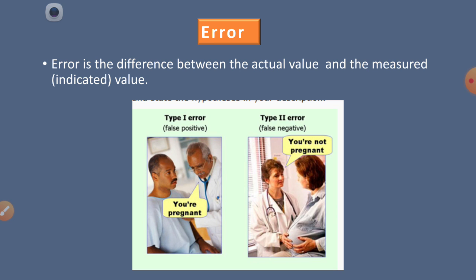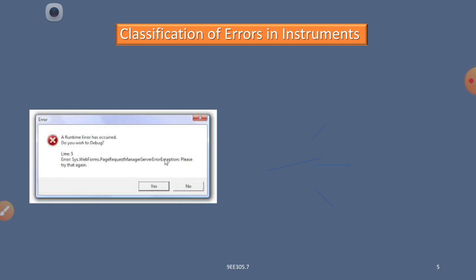The error is the difference between the actual value and the measured value. Now, what do we mean by error? You are very familiar with this in computer programming: if you are doing something wrong, the computer will automatically give an error message. That means you are doing something wrong, some misinterpretation, or not doing it in a correct way.